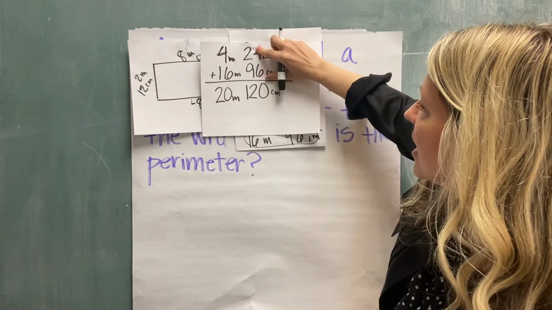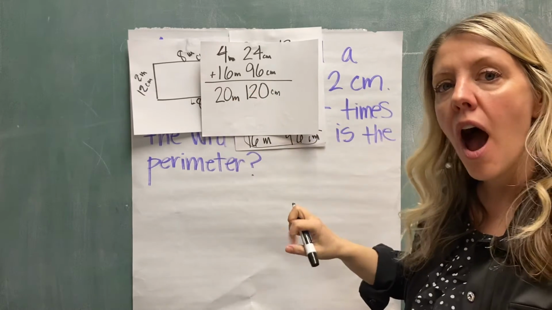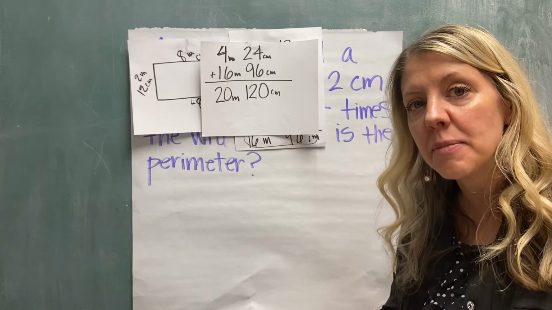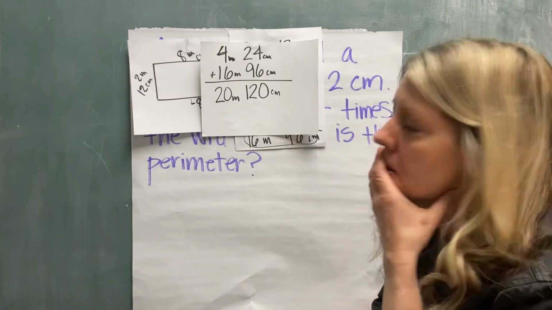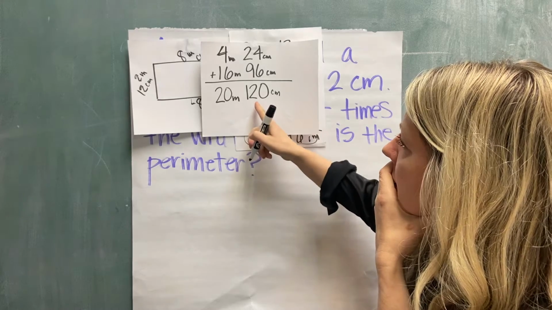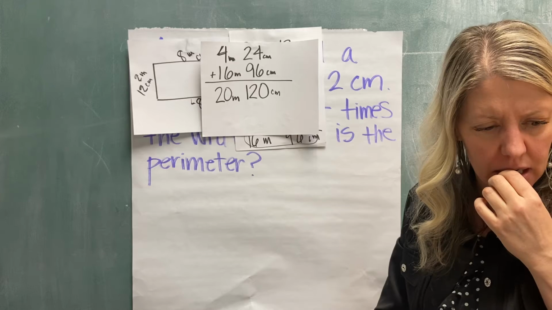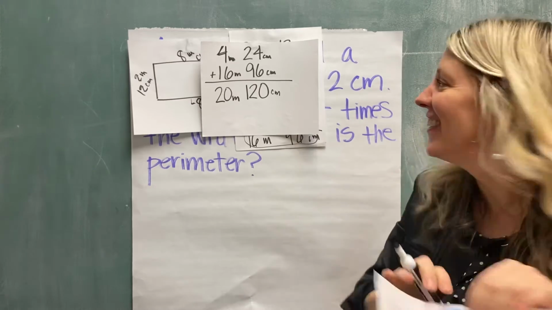the perimeter is 20 meters 120 centimeters. Wait a minute. This looks a little funky to me. Hold on. I know.